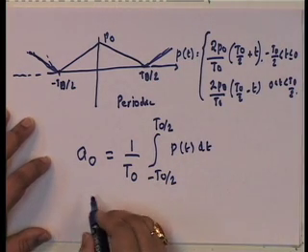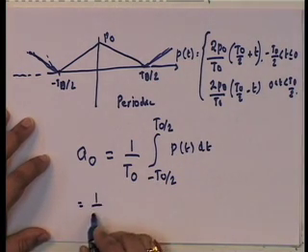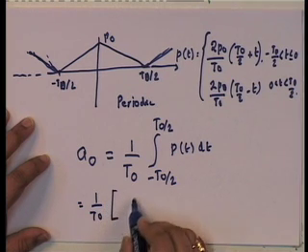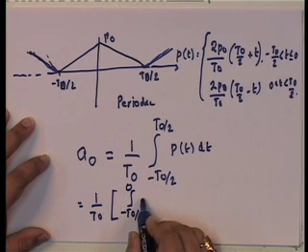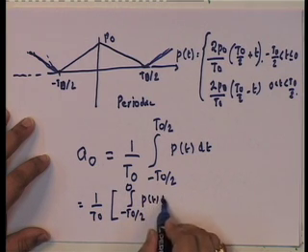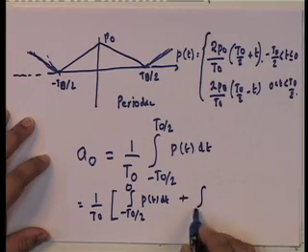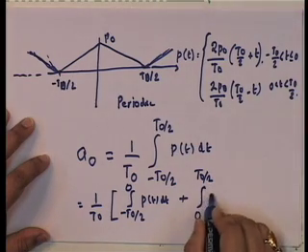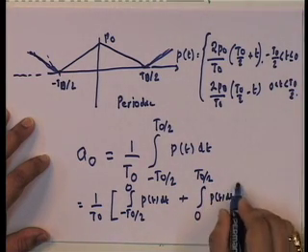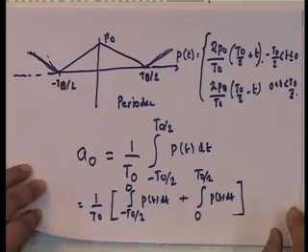I can take it as 1 upon T naught outside, this integral going from minus T naught to 0, Pt dt plus 0 to T naught, because there are two different functions, Pt dt. Okay. And if I look at this particular thing, just do the integrals for those functions. Okay.